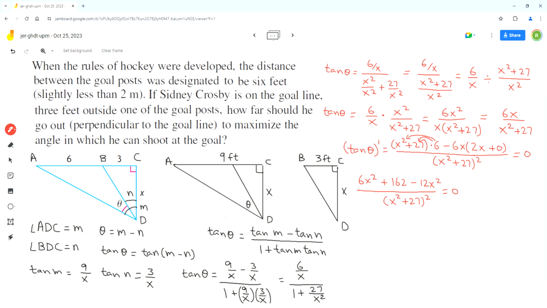Now we can cross multiply the denominator, and we can combine like terms in the numerator. The 6x squared minus 12x squared is equal to minus 6x squared.